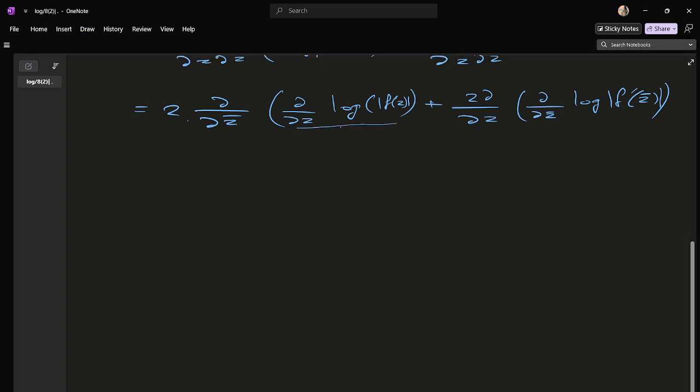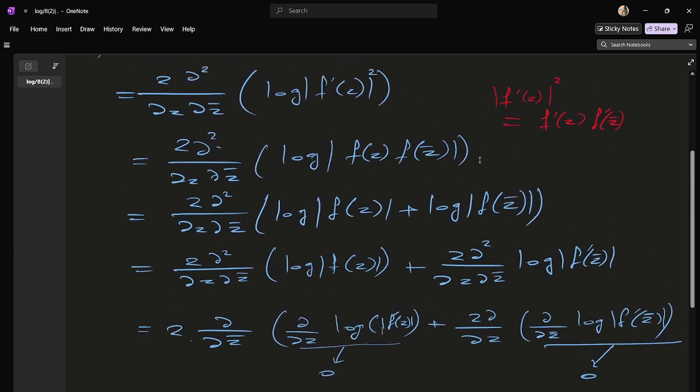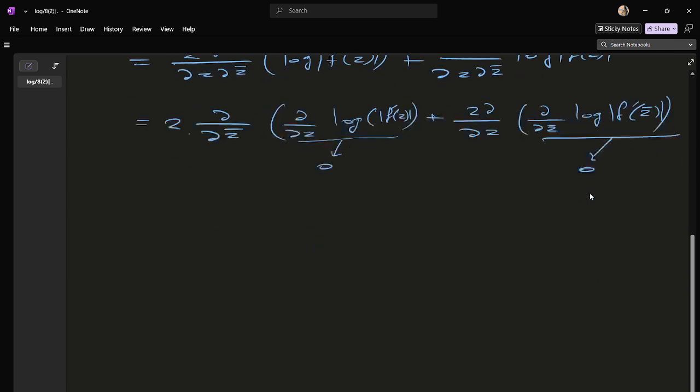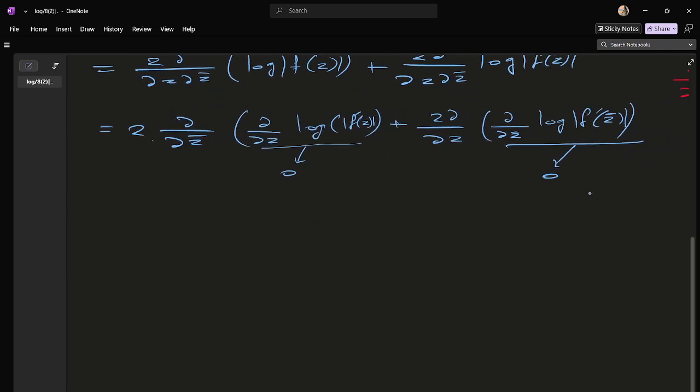Now we can easily see that this thing is 0 and this thing is also 0, because the log of mod f dash z is constant over here, and also the log of this thing is constant over here.